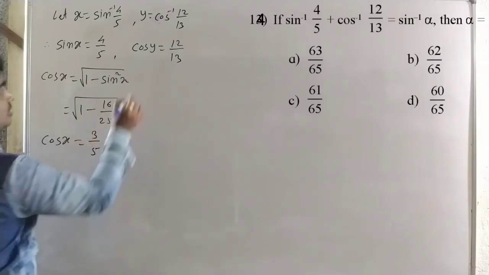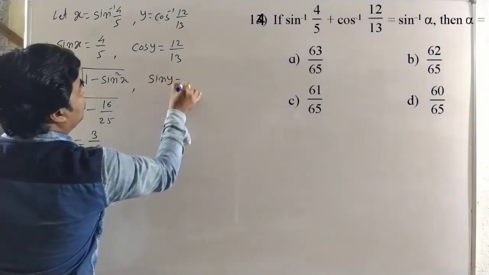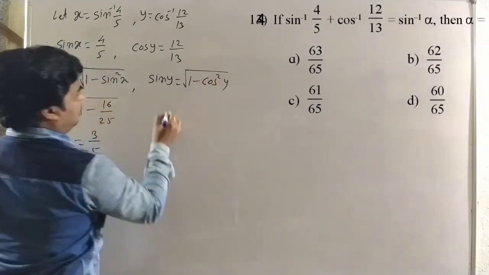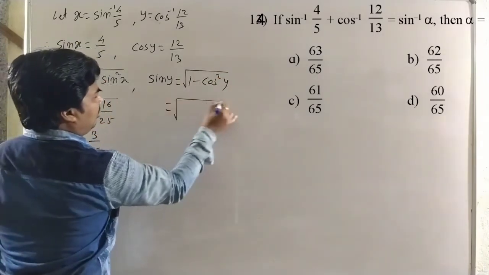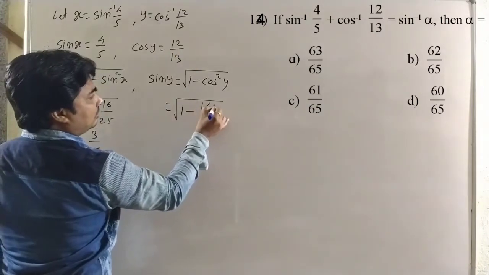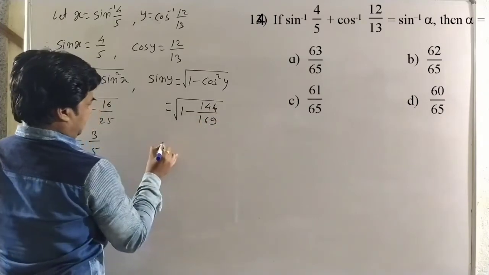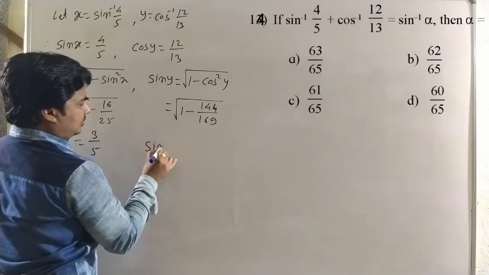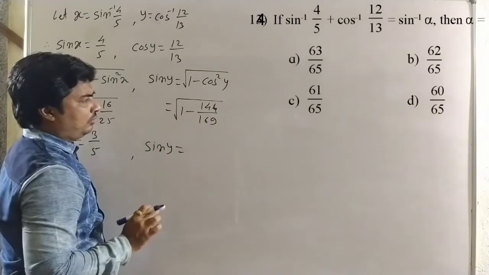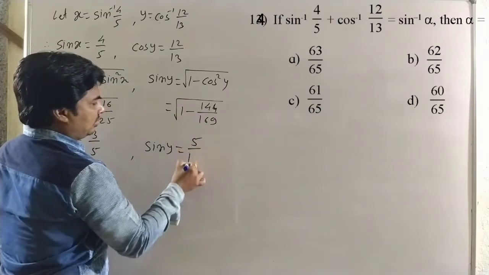Same here, sine y is equal to under root of 1 minus cos square y, which is under root of 1 minus 144 upon 169. 169 minus 144 is 25 upon 169, that means sine y is 5 upon 13.